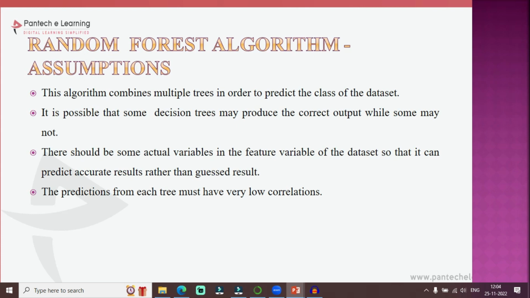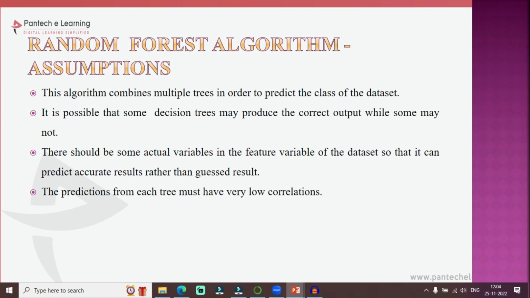Random forest, I am going to create a forest of some random order; from the term you can understand. It's possible that some decision trees may produce the correct output but some others may not. So there should be some actual variables in the feature variables of the data set so that it can predict accurate results rather than guessed results.